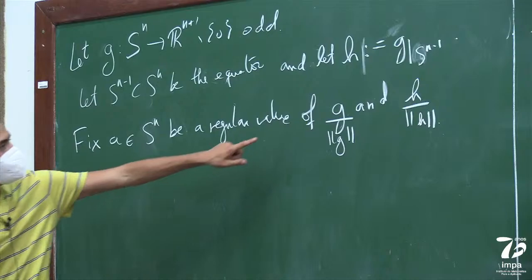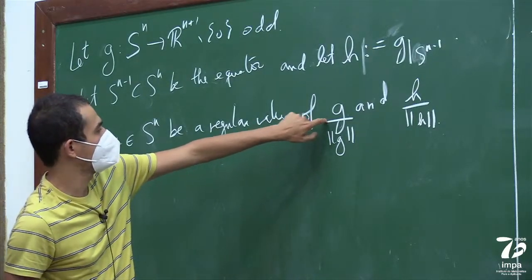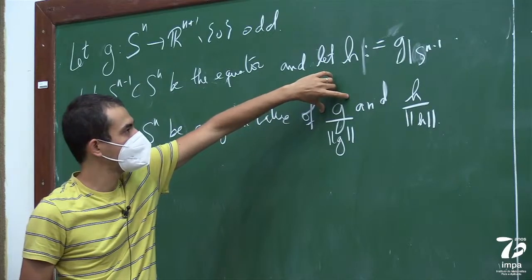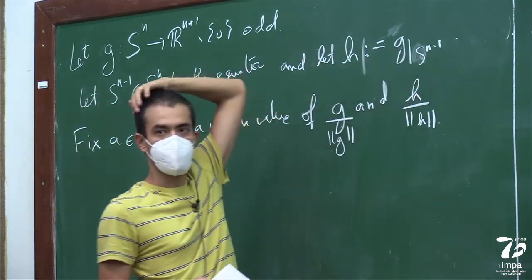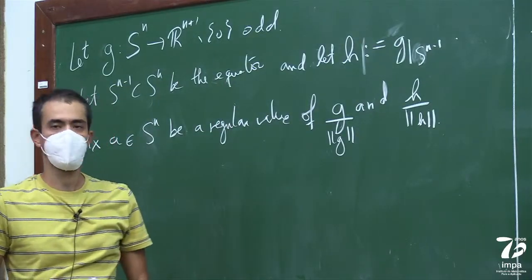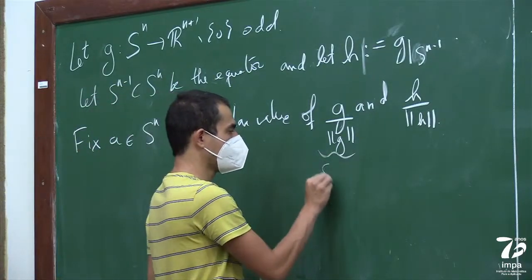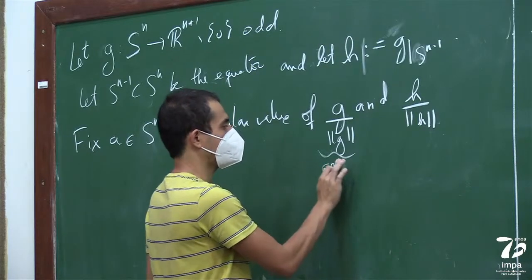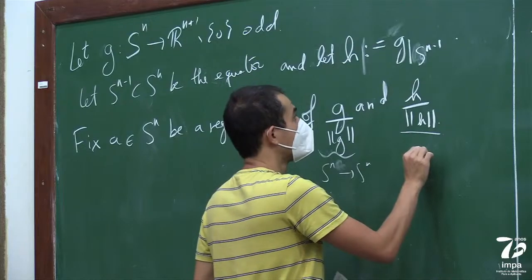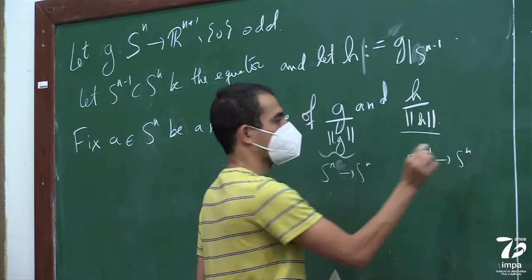Okay, so this guy has a bigger domain than this guy. The domain here is all of Sn, and the domain here is Sn minus 1. But the target of both is Sn. So this guy goes from Sn to Sn, and this guy here goes from Sn minus 1 to Sn.